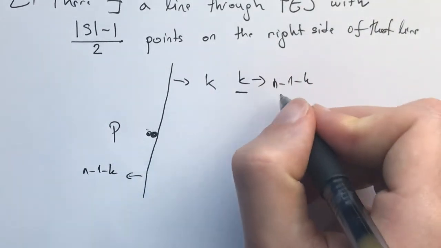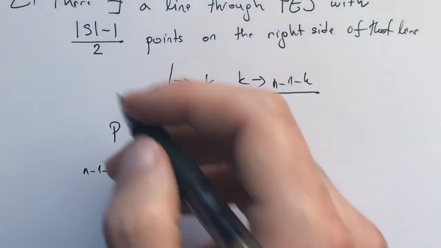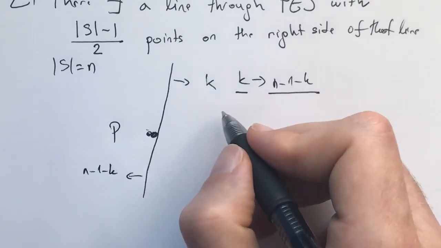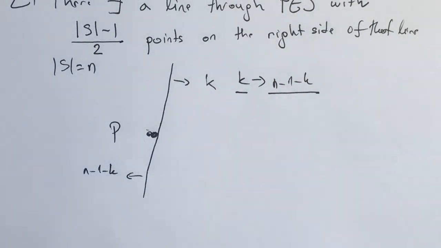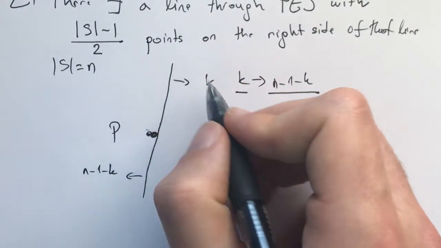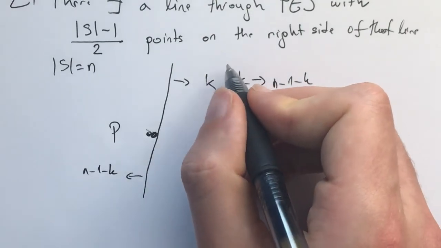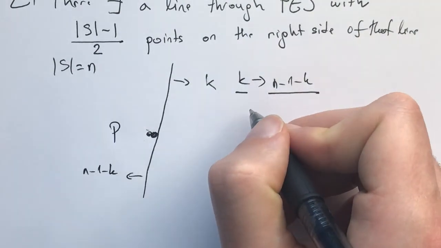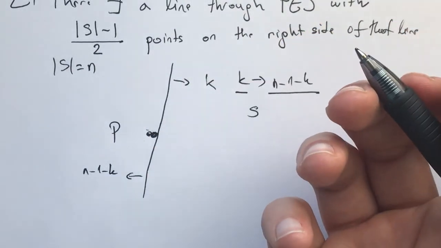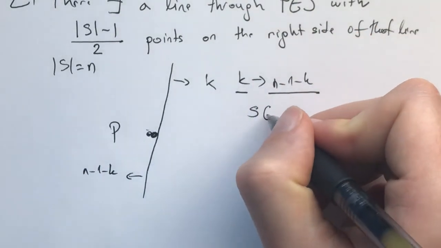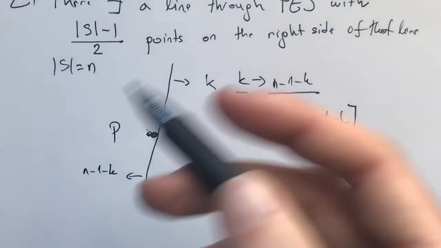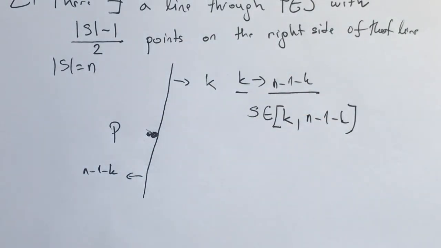So because it went from k to n-1-k points, where the size of S is equal to n, what we have is that, because the number of points on the right side of the line changes by 1 when we pass any single point, that means we'll be having every number of points. We'll have a line through P which has s points on the right side of that line if s is between k and n-1-k, assuming that k is less than or equal to n-1-k.